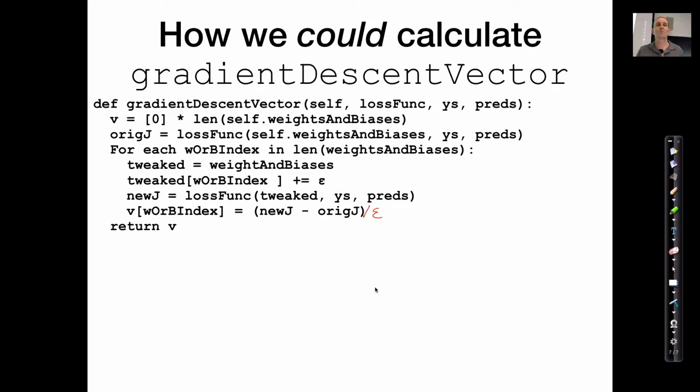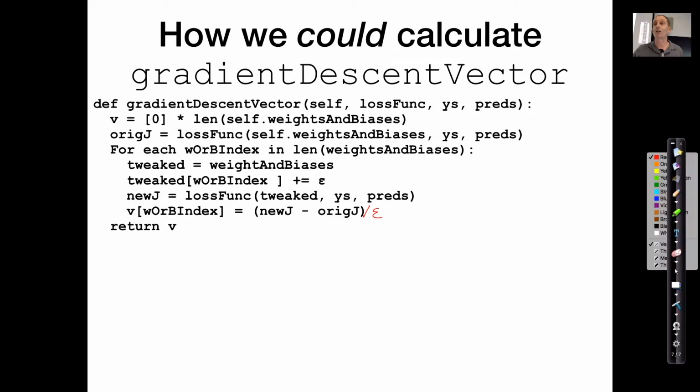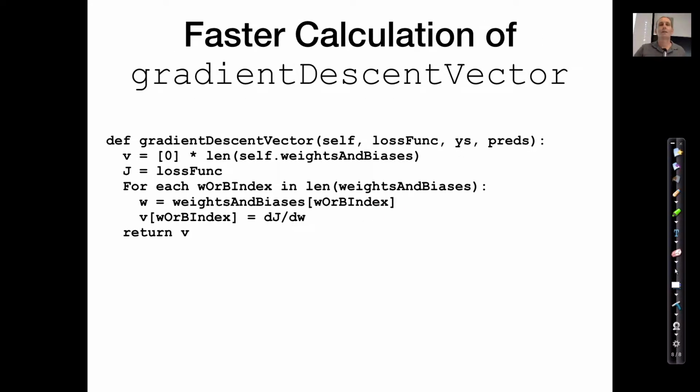That part's pretty important. So that's one way you can calculate a gradient descent vector. Terribly expensive. Great for debugging your other gradient descent vector code. A faster calculation would be to just use dJ/dW. That is, have some symbolic, some other way to calculate what that is. And that's what we're doing by having PyTorch do that for us.